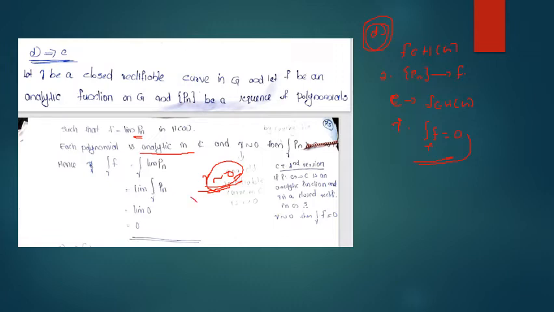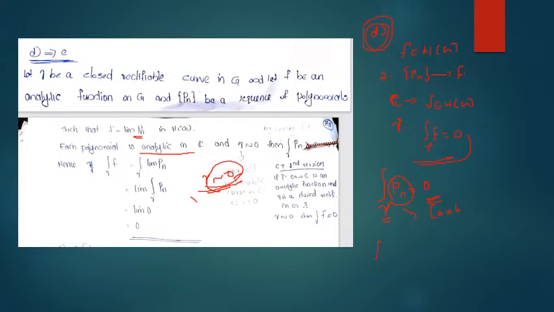Then we can say that the integral over gamma of P_n equals 0, because gamma is a closed rectifiable curve and P_n is an analytic function. Then by Cauchy's theorem, for any analytic function, the integral over a closed rectifiable curve is 0.